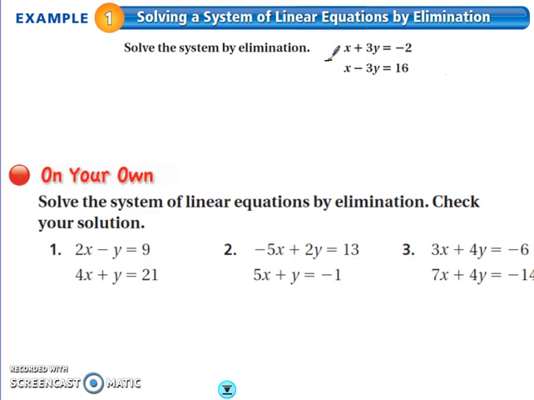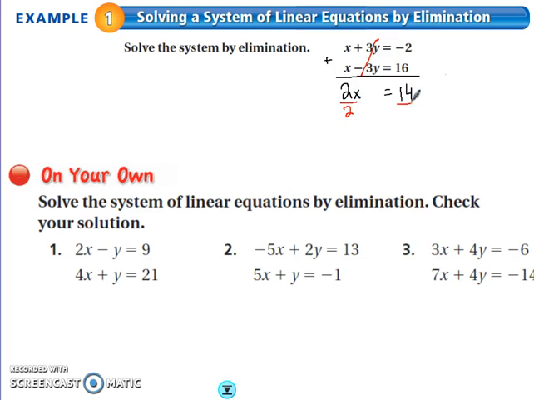So doing this, adding vertically, x plus x is 2x, positive 3y and negative 3y add to 0, and on the right-hand side, negative 2 and positive 16 add to positive 14.